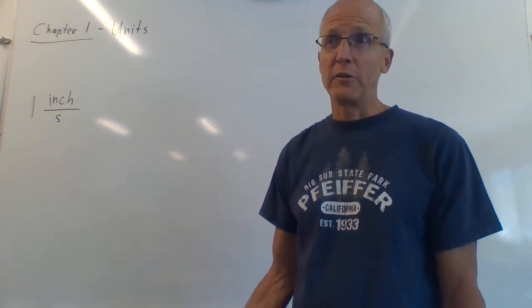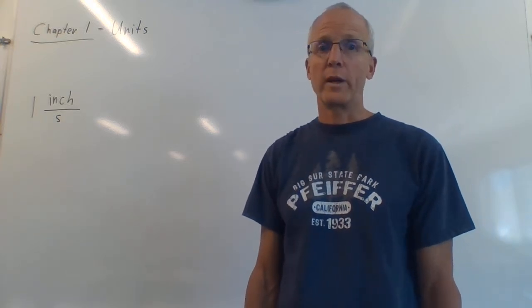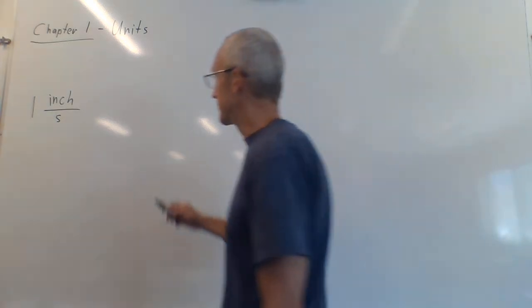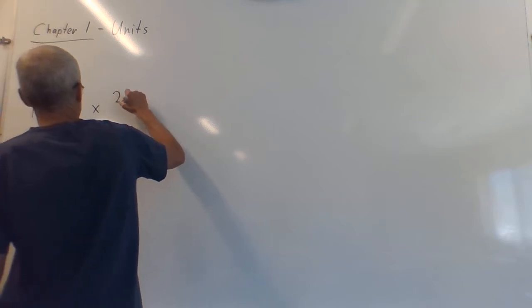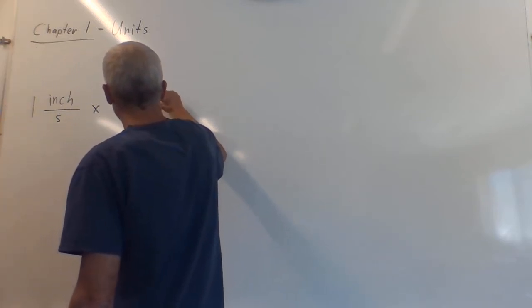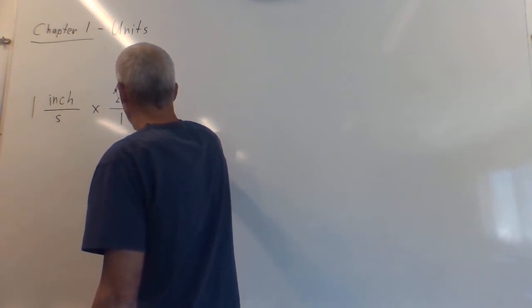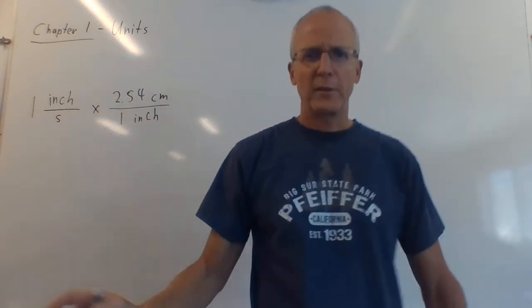I don't know how many kilometers in an inch, but I know that an inch is 2.54 centimeters, and you probably know that number too. So let's use that. So we multiply by 2.54 centimeters is 1 inch.